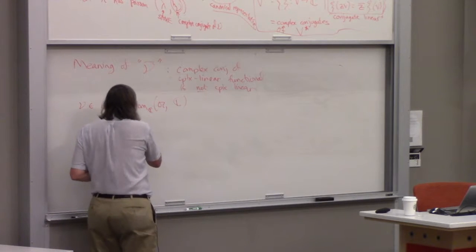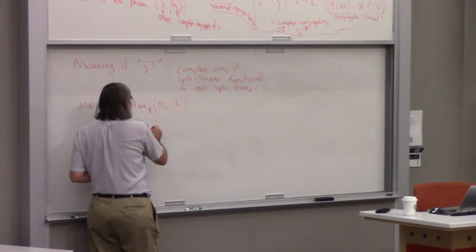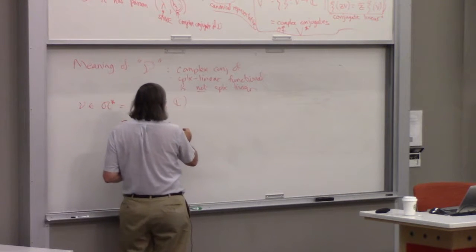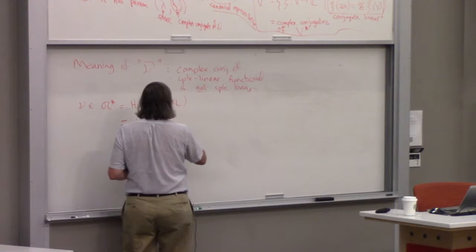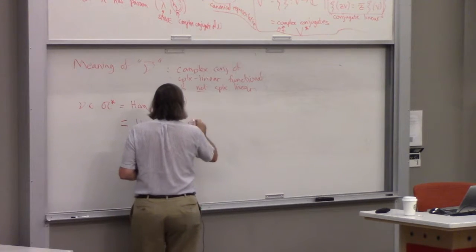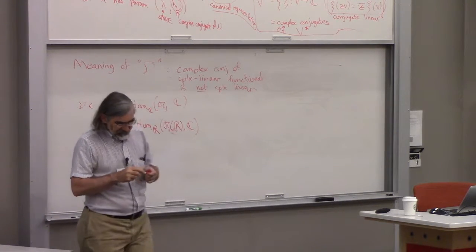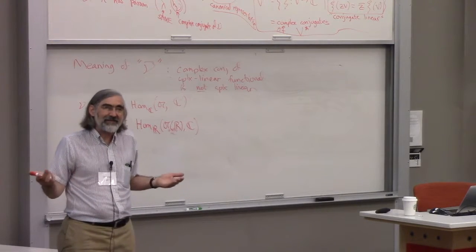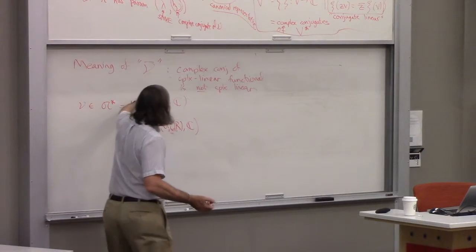But this is the same thing as Hom over R of A of R into C. I said we could freely complexify representation theory.